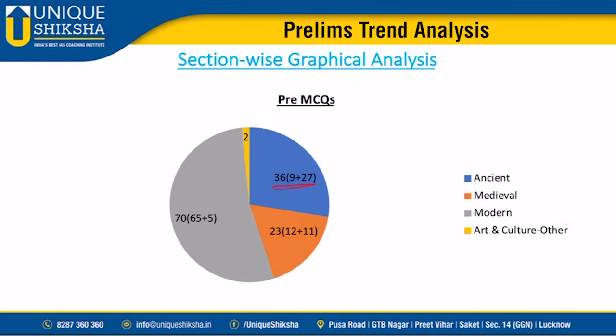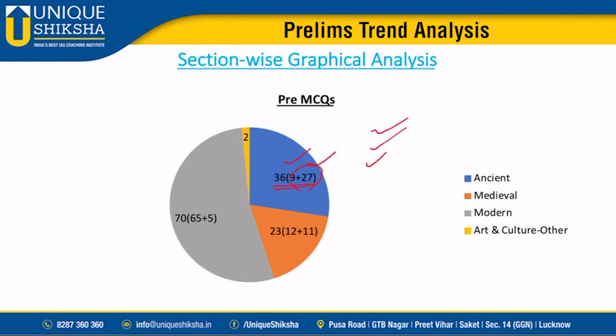The first part is the ancient political, administrative and socio-economic aspects, and the later part is ancient art and culture, which mainly includes literature, like Vedic literature, religious aspects like Jainism, Buddhism and other heterodox sects, and sculpture and architecture. So this is the focus of the questions from ancient India, that is culture. Ancient culture is really important.